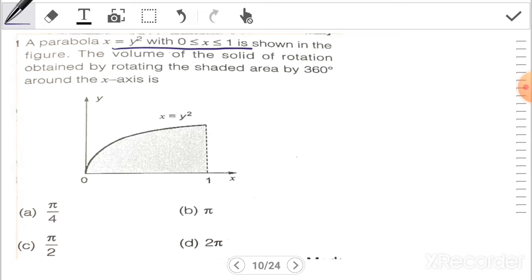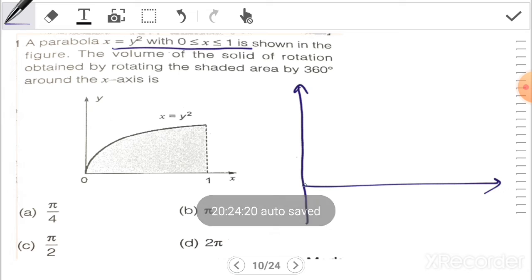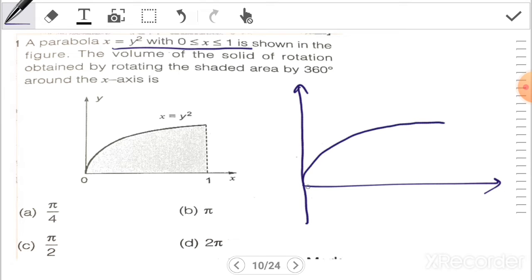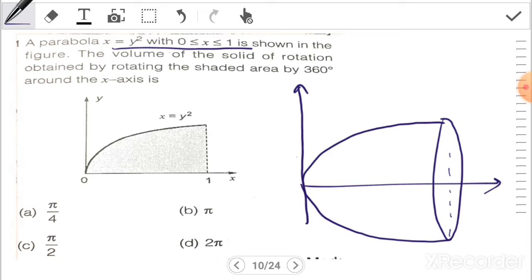The volume of the solid of rotation obtained by rotating the shaded area by 360 degrees around the x-axis is... Let me show you how this rotation is going to make the figure. So after rotation, it will look somewhat like this.